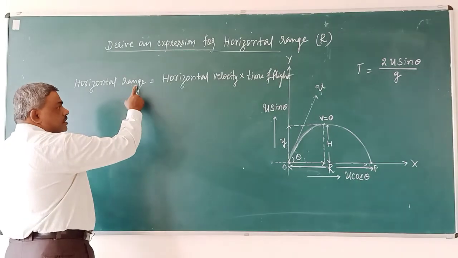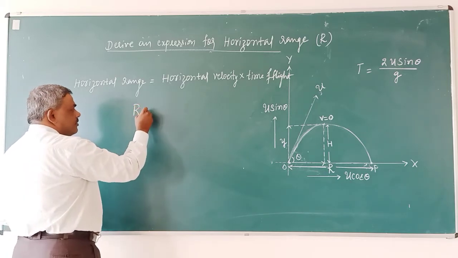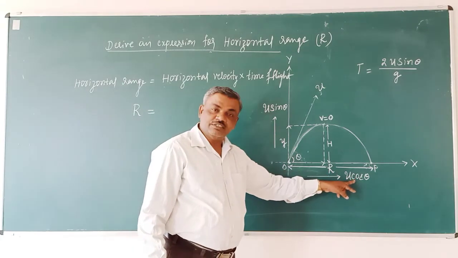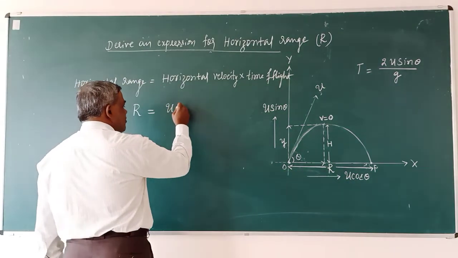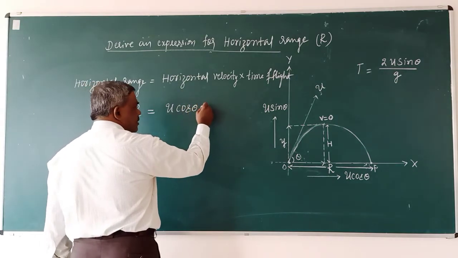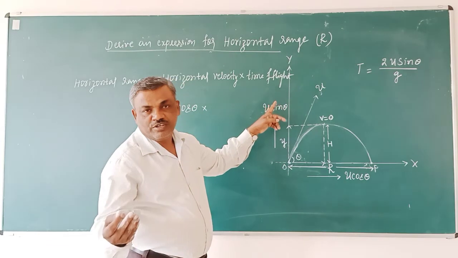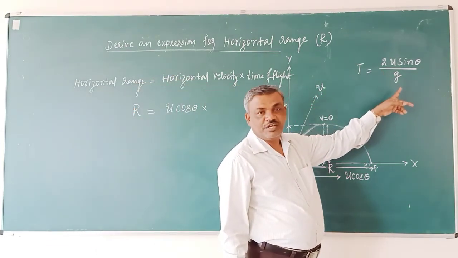So R, capital R, equals horizontal velocity along the x-axis, u cos theta, into time of flight. Already you know the time of flight formula: capital T equals 2u sin theta by g.